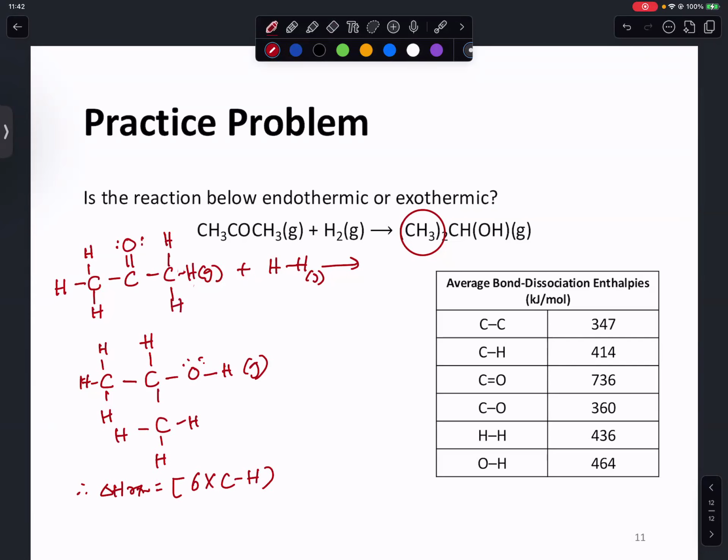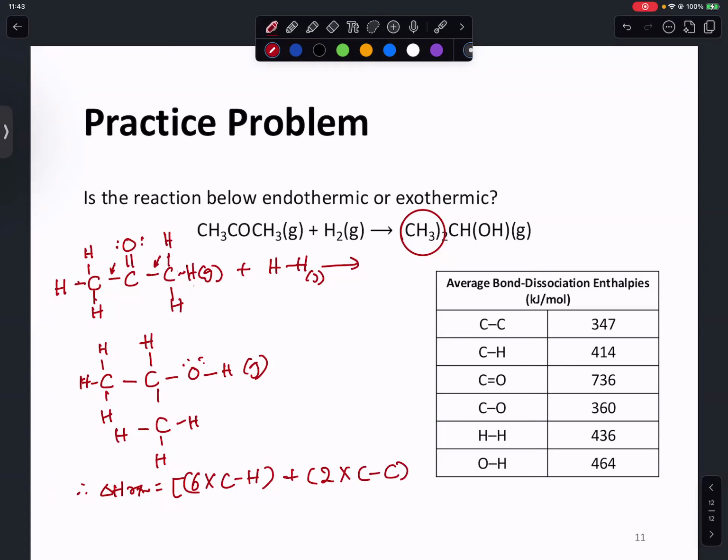So I have here 1, 2, 3, 4, 5, 6. Plus, I have 2 times. So I have one carbon-carbon bond and another 2 times carbon-carbon bonds.